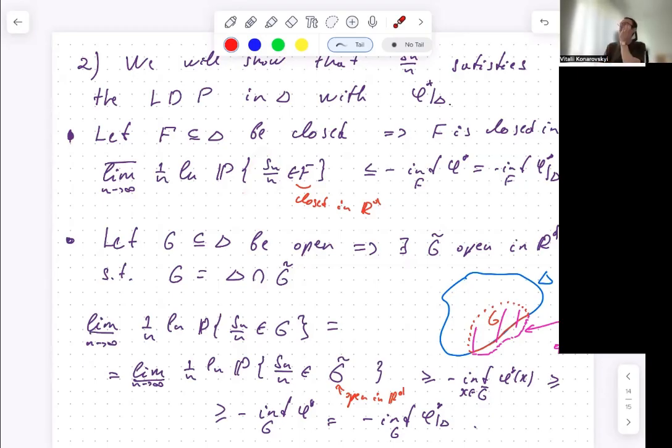As one application, you remember that we formulated the large deviation principle for Brownian motion in the space of continuous functions that at 0 are equal to 0, that started from 0. We proved the large deviation principle there. We found the rate function and so on.